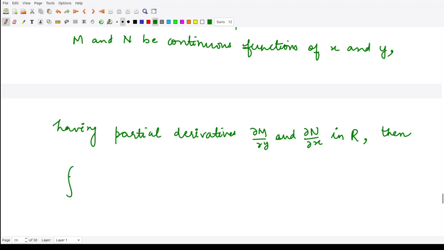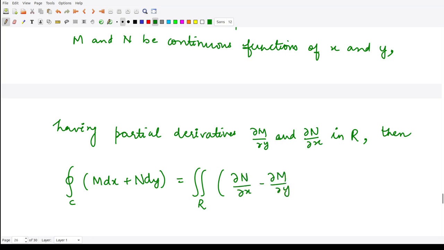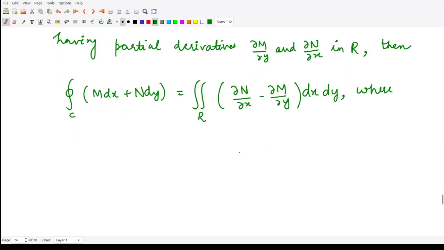It says that the integration over the closed curve C of the function M dx plus N dy is equal to the double integration over the region R of the quantity del N by del x minus del M by del y dx dy, where the closed curve C is traversed in the positive direction.